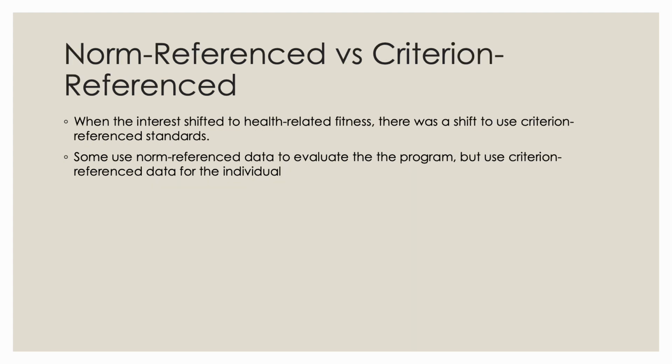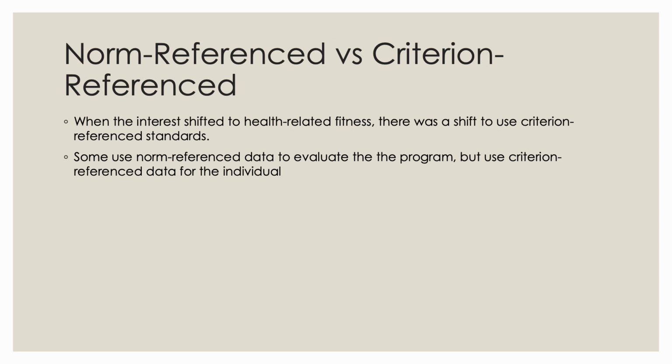Overall, how we evaluate fitness testing has changed over the years. Initially, a lot of our data and tests were designed to be norm referenced, but have since shifted to criterion referenced. When the interest shifted to health-related fitness, there was a shift to use criterion reference standards, or specific criteria, or cutoff scores.